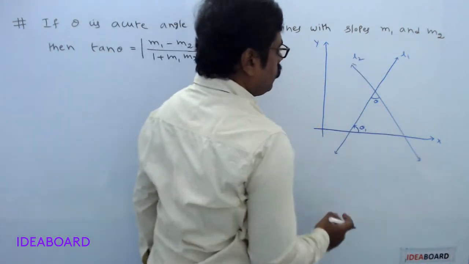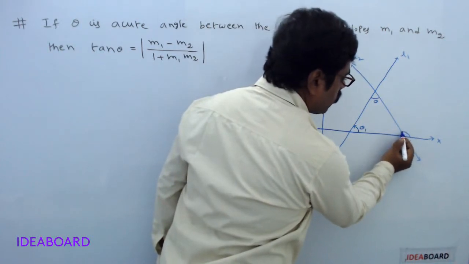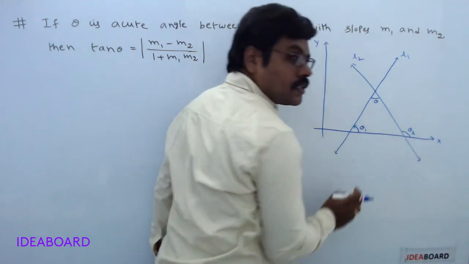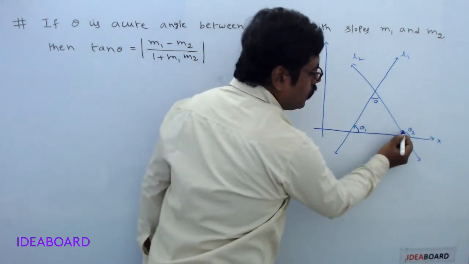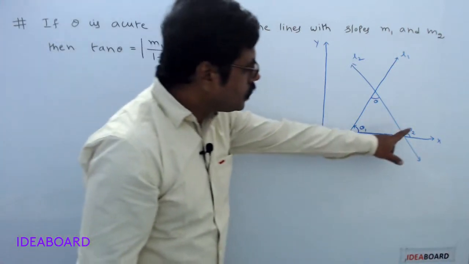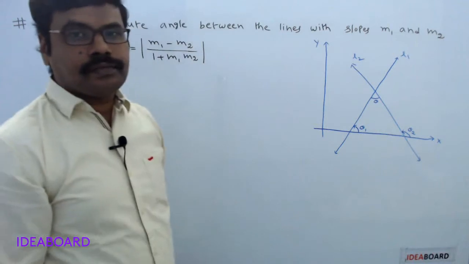Then come to this line. Suppose this line L2 makes an angle theta 2 with the positive direction of the x-axis, measured in an anti-clockwise direction. So this theta 2 is the inclination of the line L2.